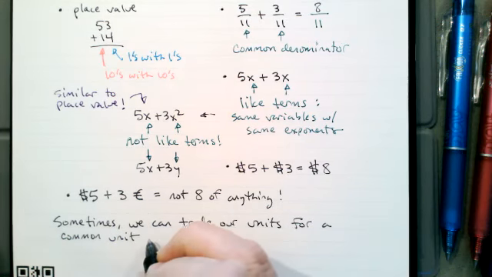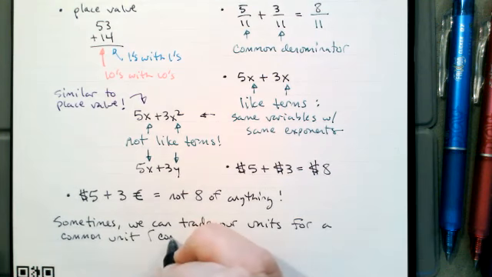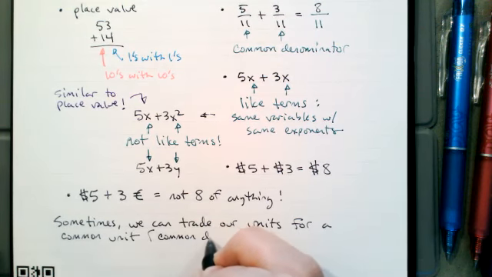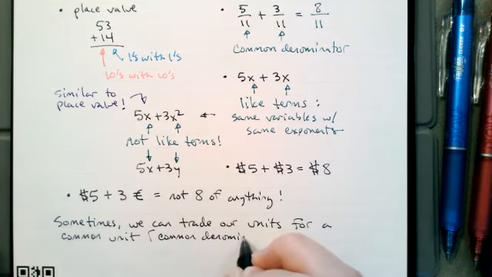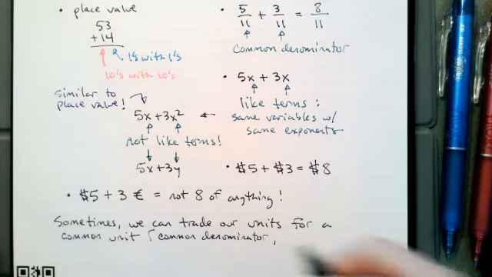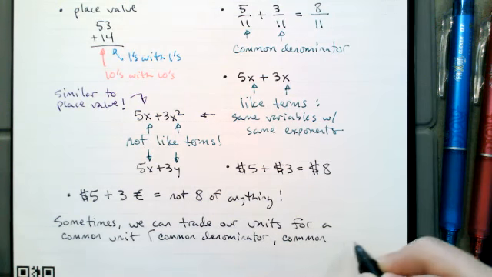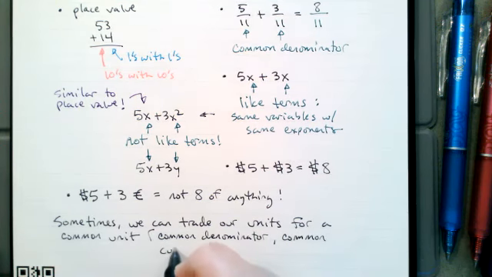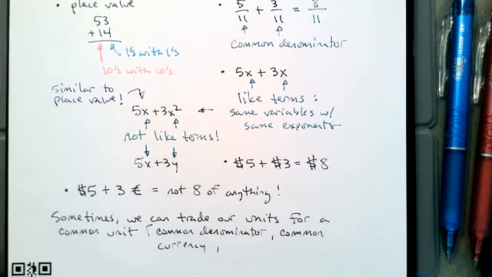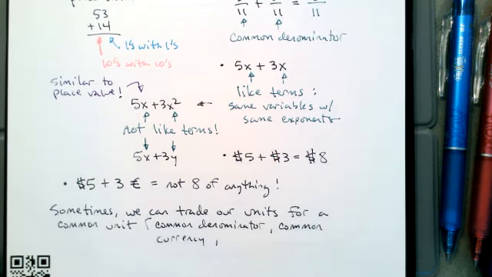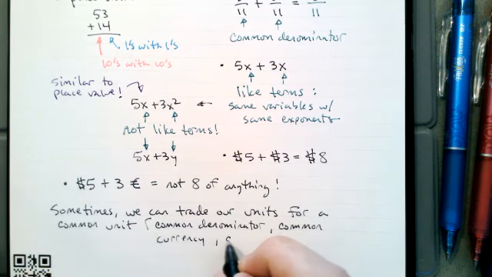So common units could be common denominators. Common currency. And some of you in the discussion had some really cool ideas. Common types of things.